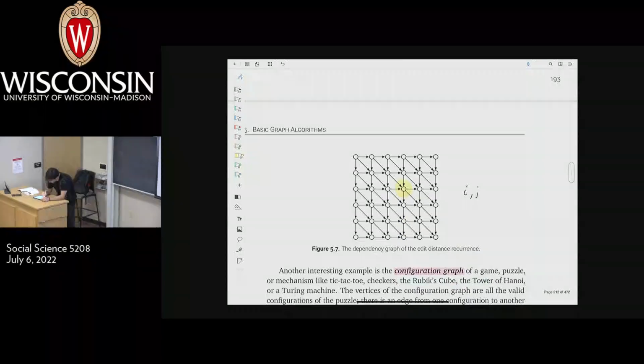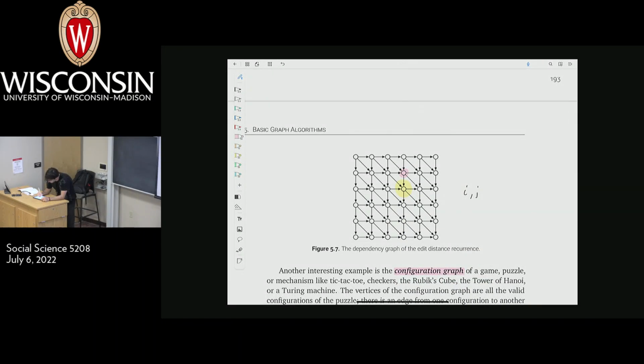In this picture, here's the thing above it, here's the thing to the left, here's the thing at the diagonal, and you'll notice they all have arrows touching it. So here's another example of a dependency graph, again modeling which subproblems depend on which other subproblems.